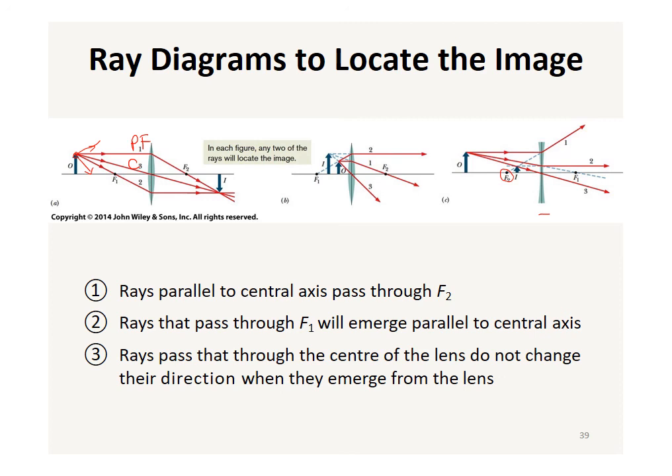And you can find out where those rays converge. If it converges on the right-hand side of the lens, then that's going to be a real image, and you might need to use traceback if the rays are diverging in order to find out where they have converged, where they were diverging from.